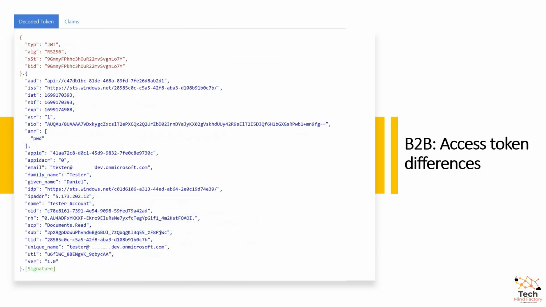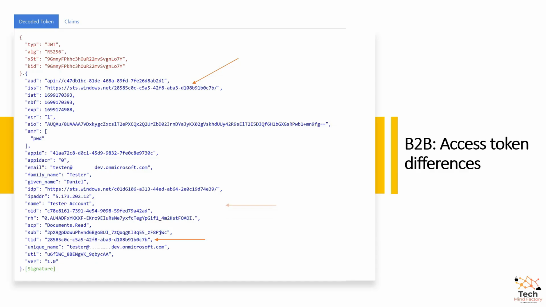Okay, so now when it comes to access tokens, let's get back to a B2B scenario. When it comes to access token differences, first of all, under the issuer, again, we will see our Entra ID tenant ID where we invited this guest user. And under the TID, we will also see our tenant ID.